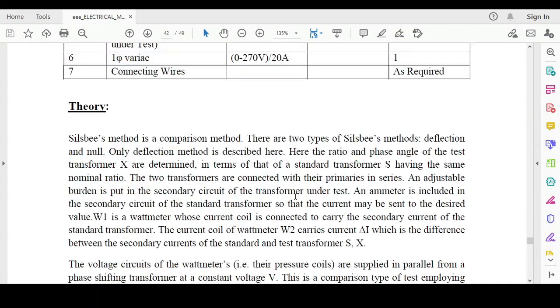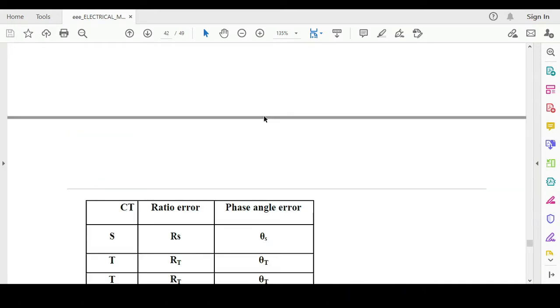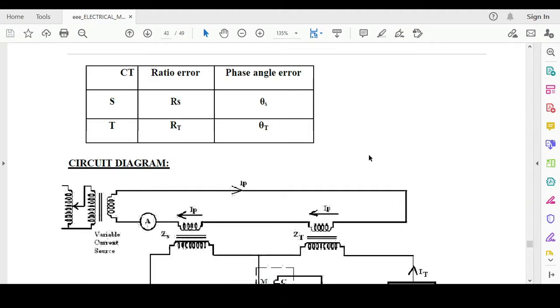Okay, so this theory is Silsby's method in comparison method. You can read it in the manual. Now what are we going to measure? Using our experiment, we are going to measure these values.